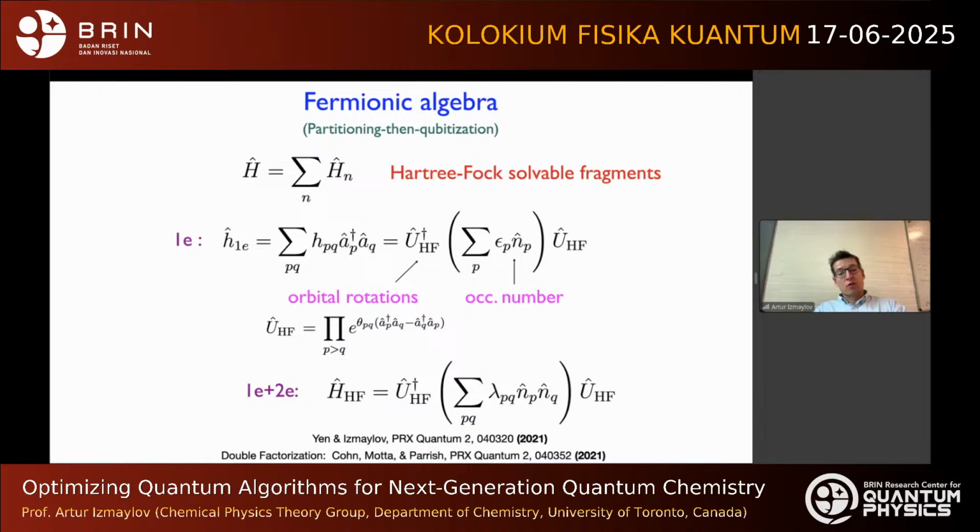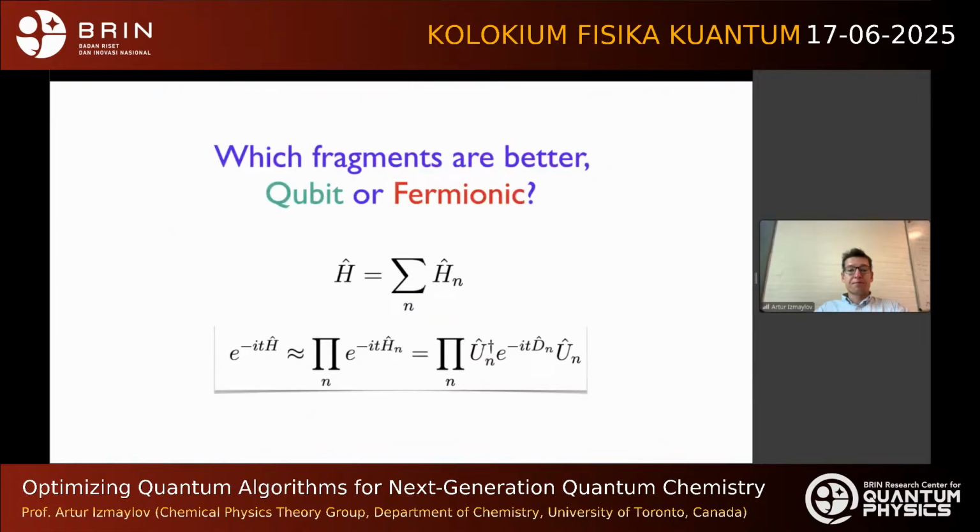Now, if you have these two-electron blocks, you can simply make sure that the left-hand side, H, equals the sum of the H_n on the right-hand side. So it's just a fitting problem. You fit one operator to a sum of others and adjust the unitaries and lambdas in these fragments to do the partitioning. So that's the fermionic algebra case.